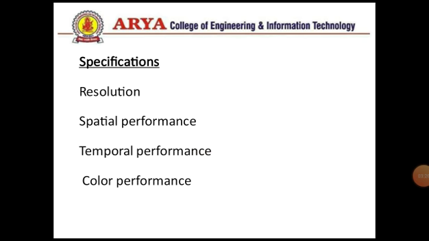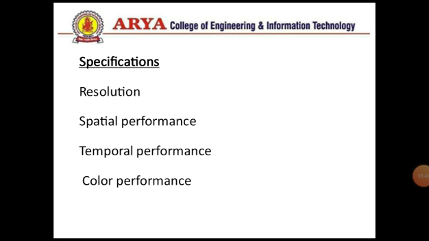Now we will talk about the specifications, what makes it different from other displays. The specifications are: resolution, which is the number of pixels on the vertical and horizontal axis of the screen. It makes the picture clearer; the more pixels, the better the picture quality.